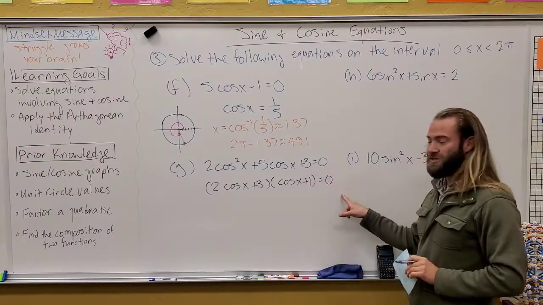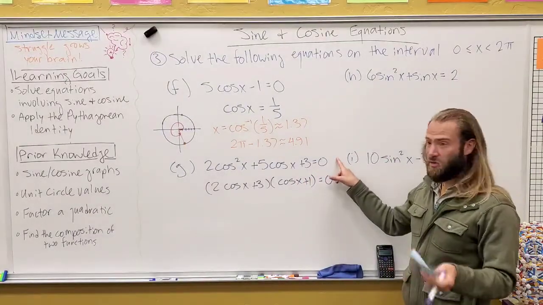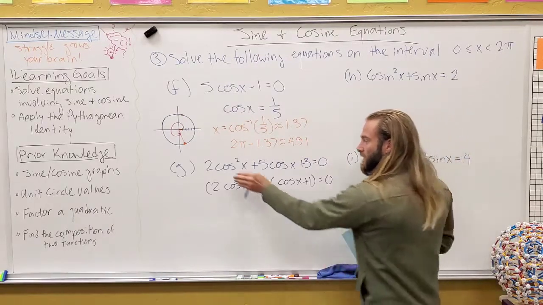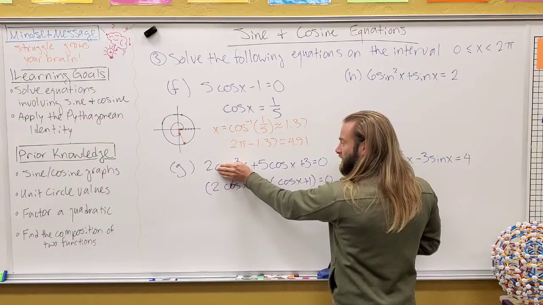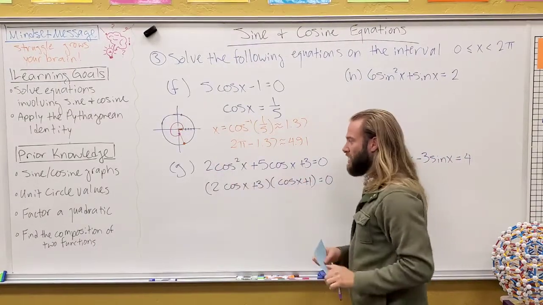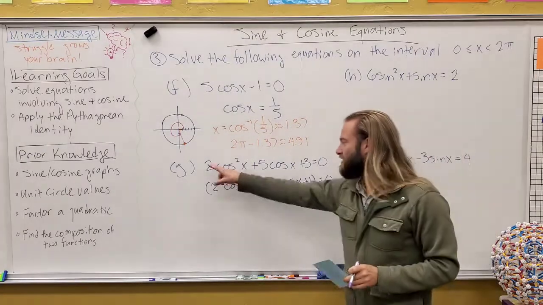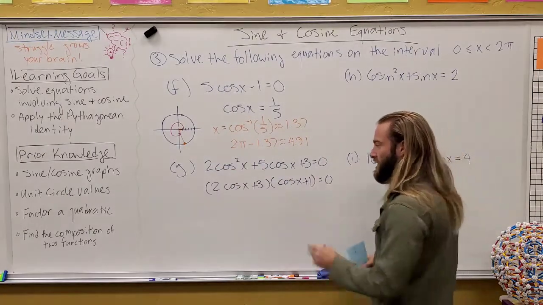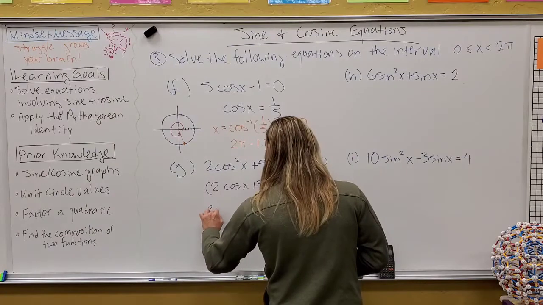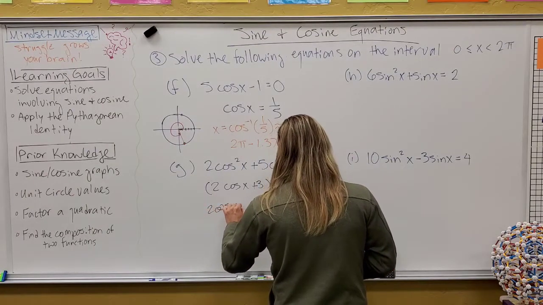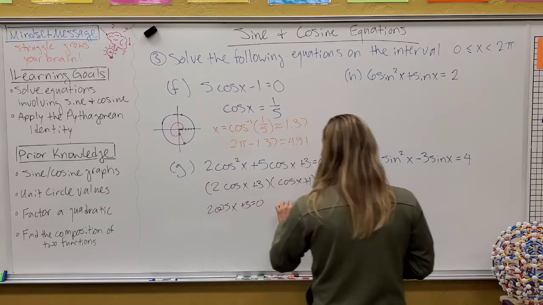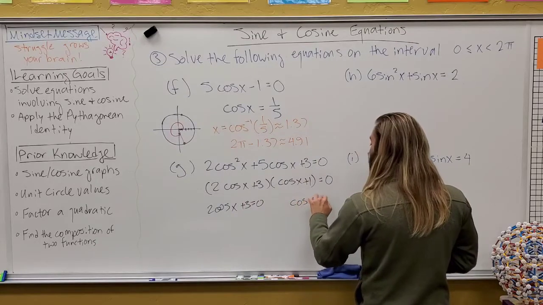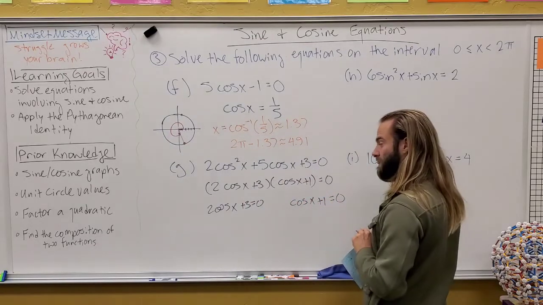So again, this is a quadratic, and we just thought of this cosine x as its own chunk, right? And so really we're just factoring a quadratic here. Then what we get here is 2 cosine x plus 3 equals 0, or cosine x plus 1 equals 0.